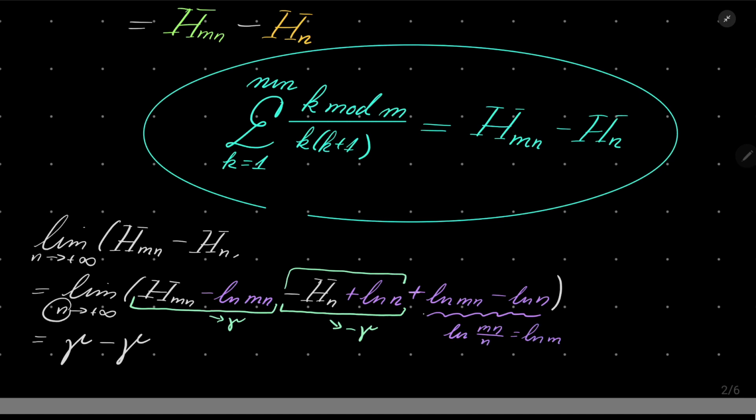So it's a constant. Plus natural log of m, and that simplifies, and we have our result. Our limit, it's natural log m.